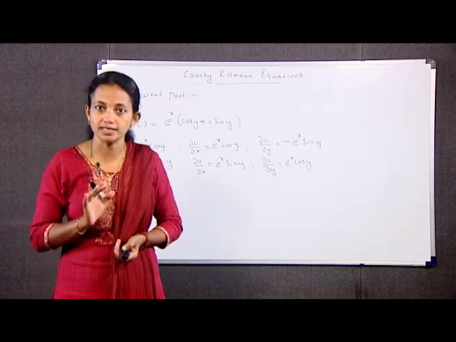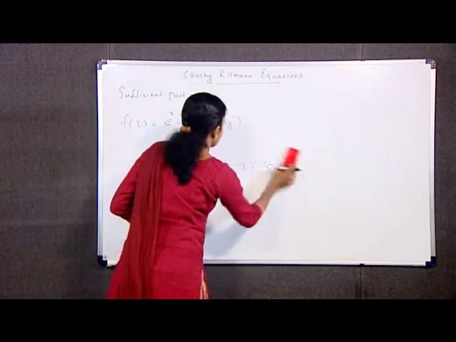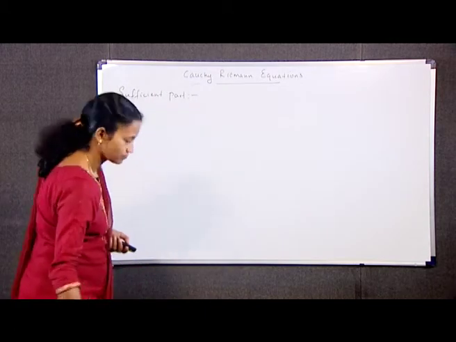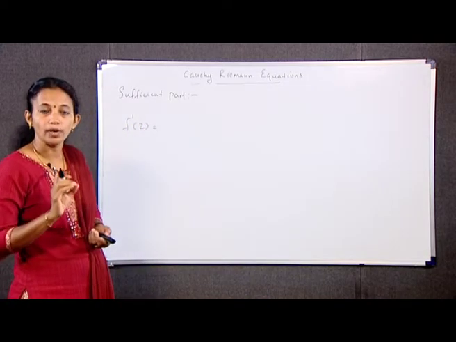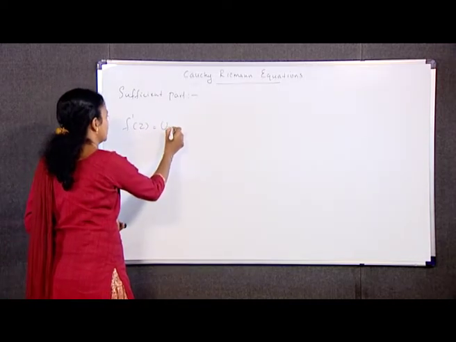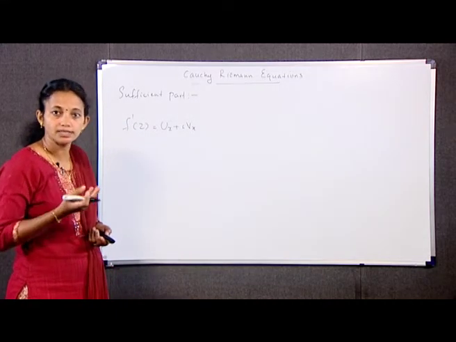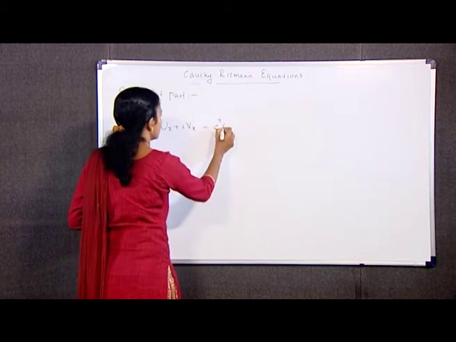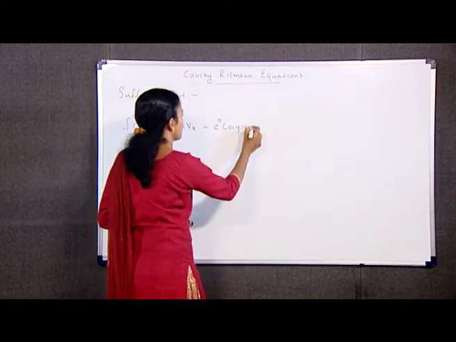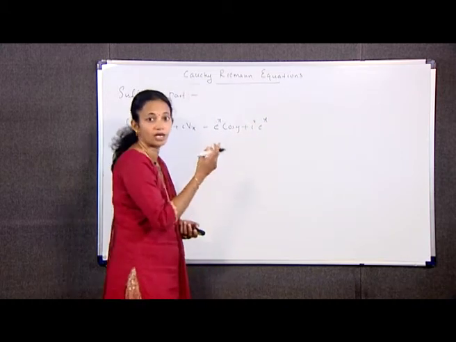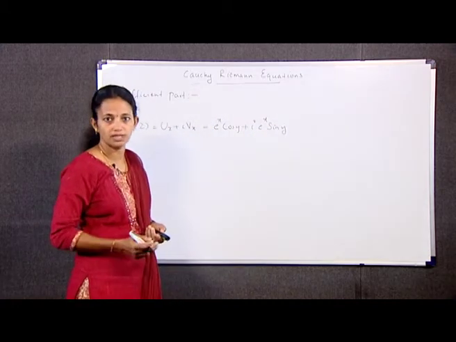Thus, f dash z exists everywhere, and using equation number 16 we can write f dash z is equal to ux plus i vx, which is equal to e raised to x into cos y, that is our ux, plus i into e raised to x into sin y, which is vx.